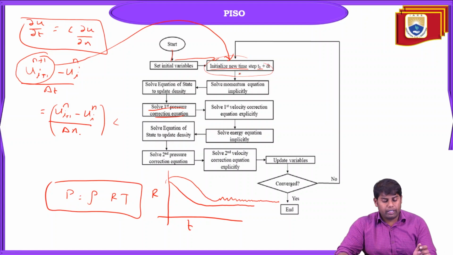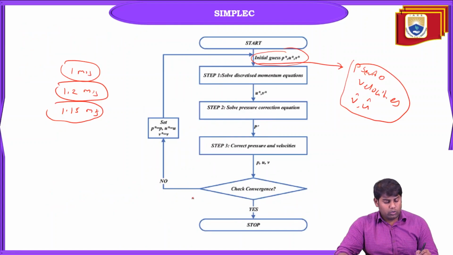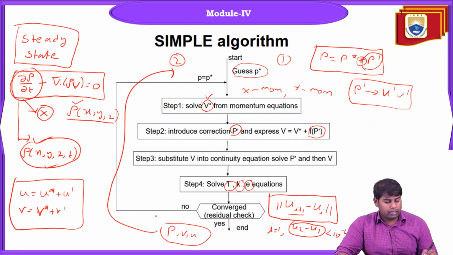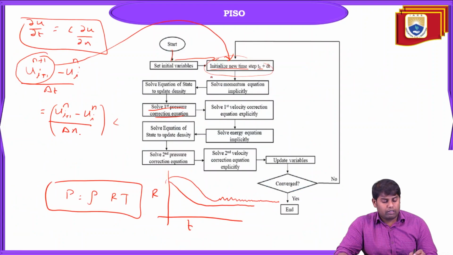When you see the other aspects, in the SIMPLE or SIMPLER algorithm, whatever values we have at the end of the first iteration become the input and the guess value. For the PISO algorithm, we are initializing with the new step, because SIMPLER algorithms are steady state solvers, whereas PISO is the transient solver.